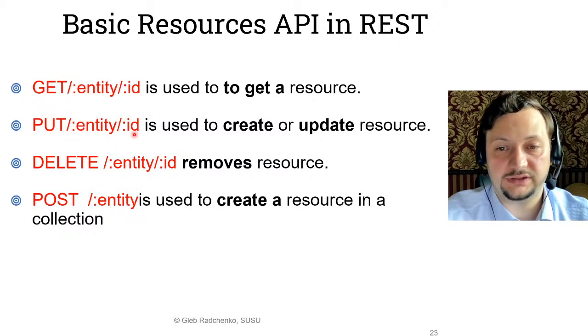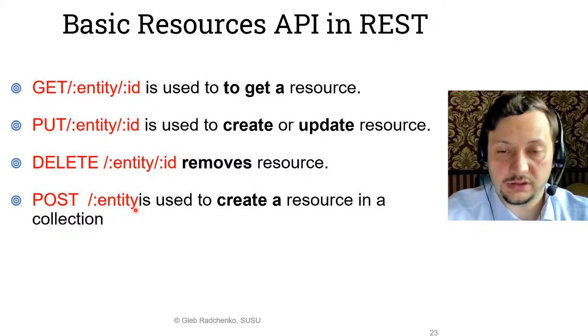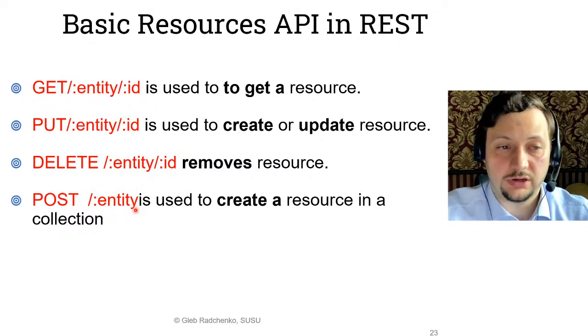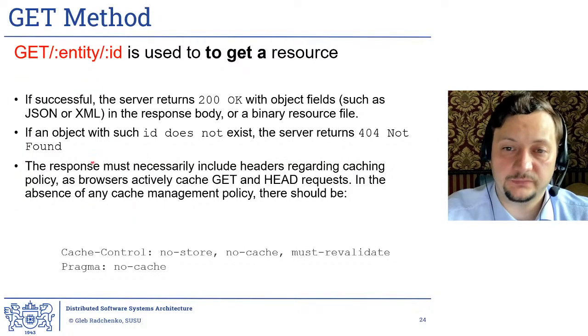Put entity ID is used to create or update a resource. Delete entity ID removes a resource. Post entity creates a resource in the collection. Let's go one by one about how these methods should be implemented.